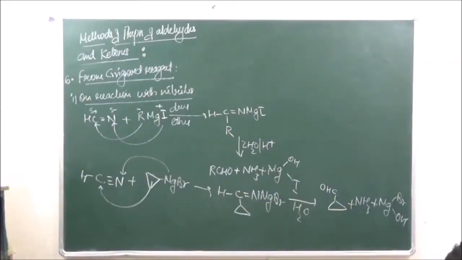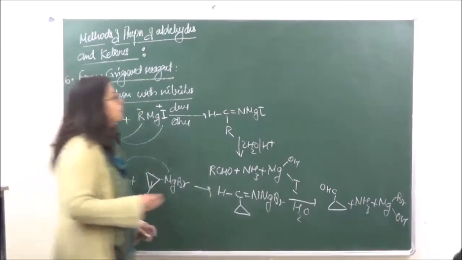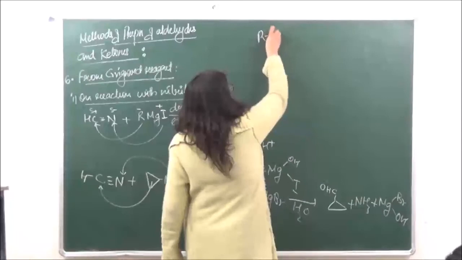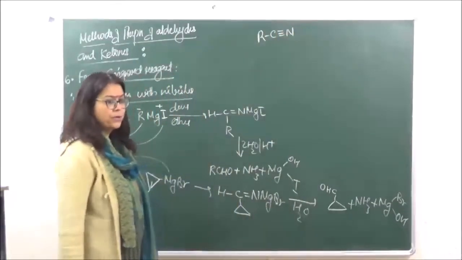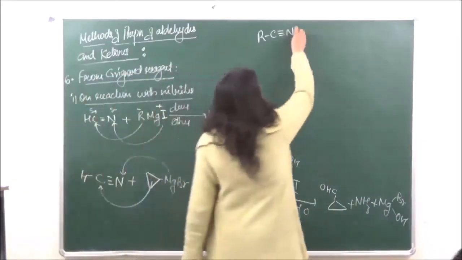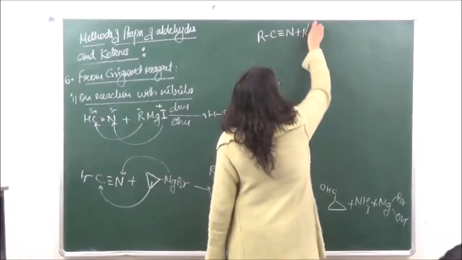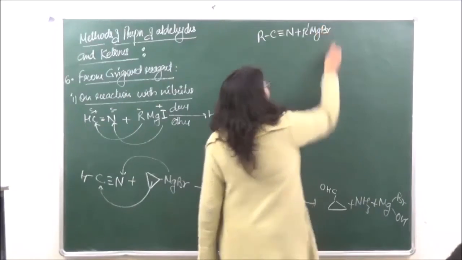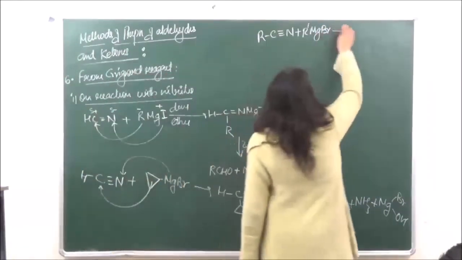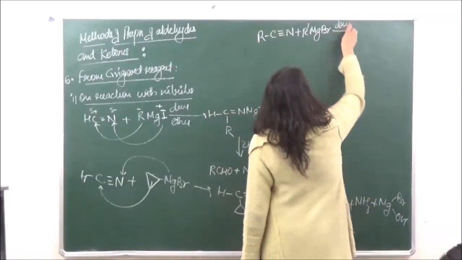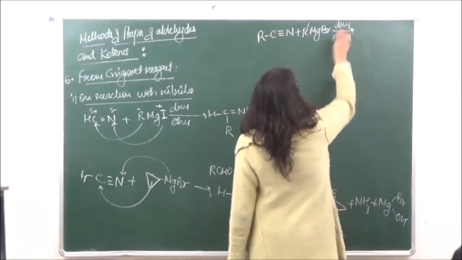Okay. Now if in case we have R over here, then what is going to happen? We are taking a nitrile of the type which has an alkyl group, and with this we are taking R dash MgBr. The reaction will take place in presence of dry ether.